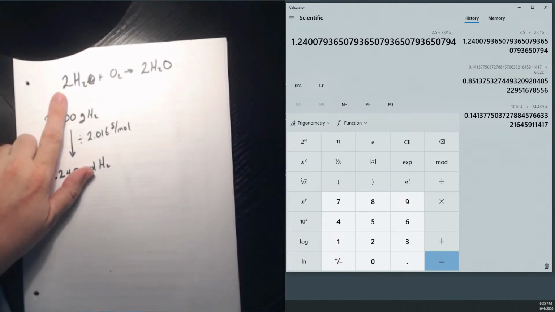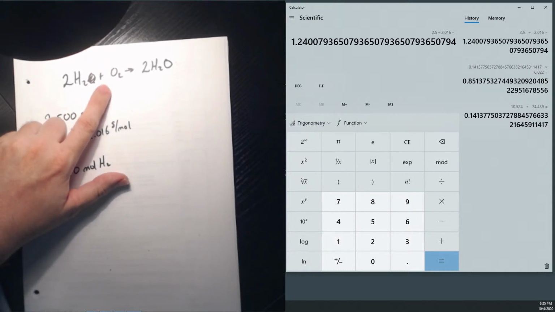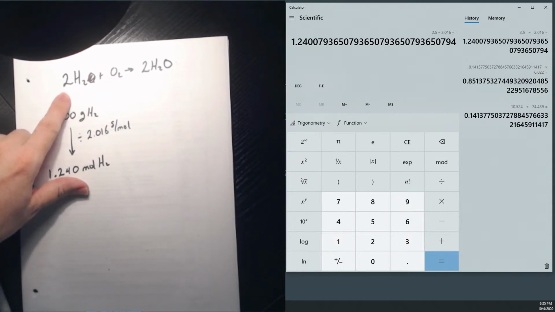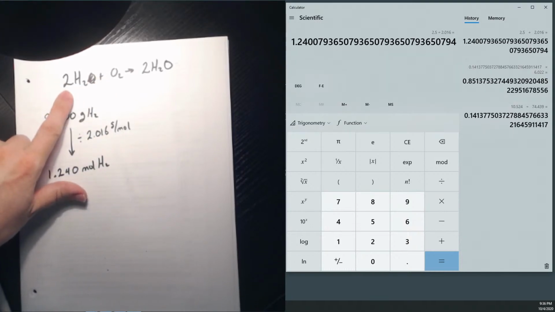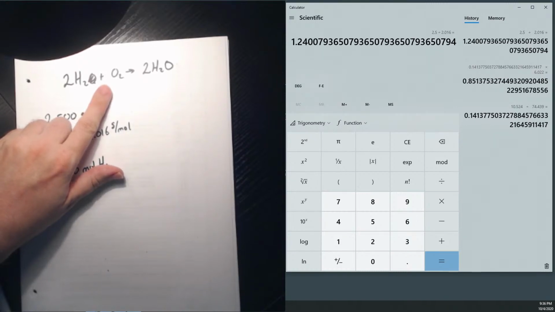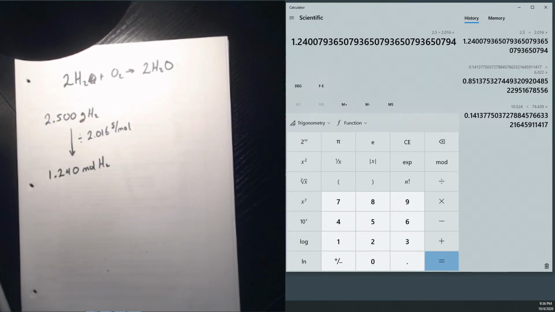So if you started with 2 moles of hydrogen, you're going to need 1 mole of oxygen. If you start with 4 moles of hydrogen, you're going to need 2 moles of oxygen. If you start with half a mole of hydrogen, you're going to need a quarter mole of oxygen. So that is the stoichiometric conversion.